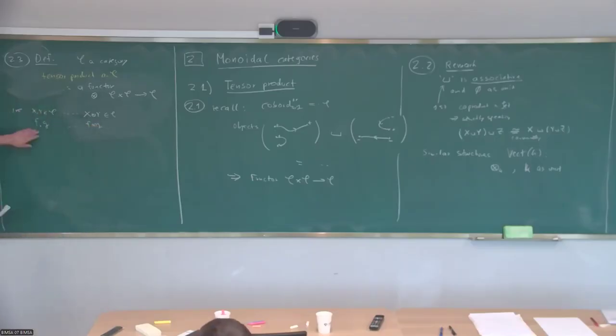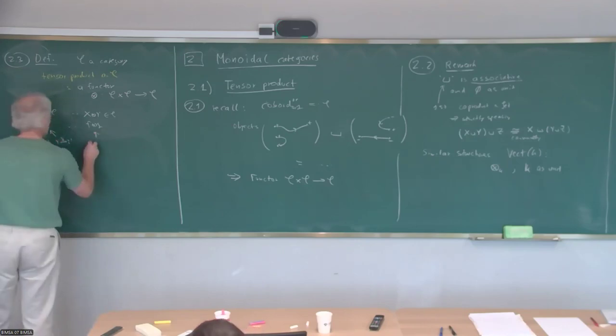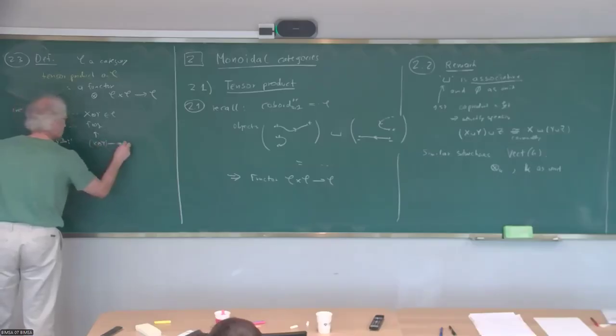Of course, if this goes from X to X prime, and this goes from Y to Y prime, then this one goes from X tensor Y to X prime tensor Y prime.